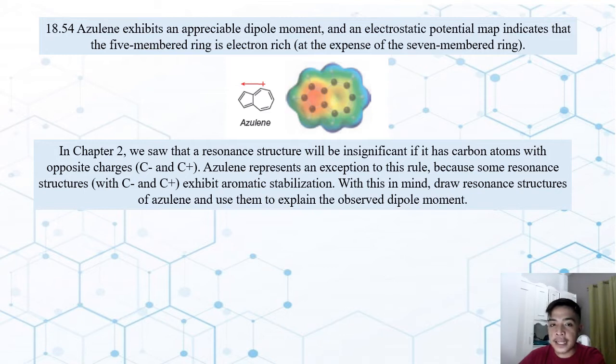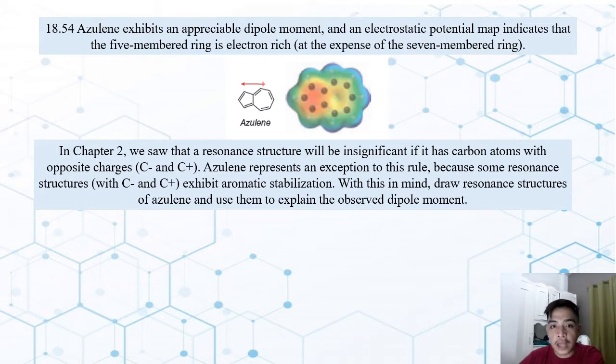Azulene represents an exception to this rule because some resonance structures exhibit aromatic stabilization. With this in mind, draw resonance structures of azulene and use them to explain the observed dipole moment. So what we are going to do in this problem is draw a resonance structure of azulene and then use it to explain the dipole moment.